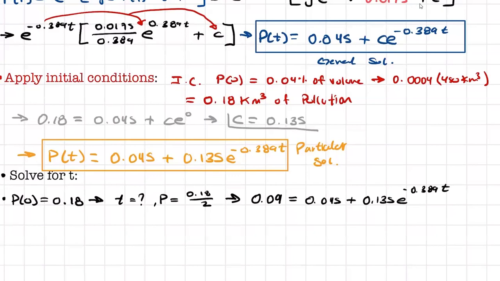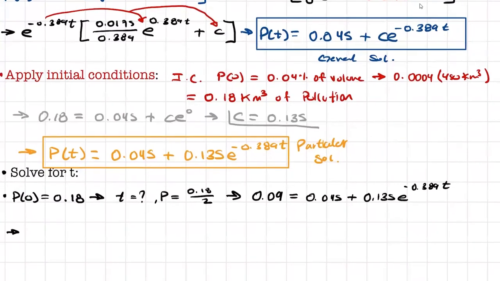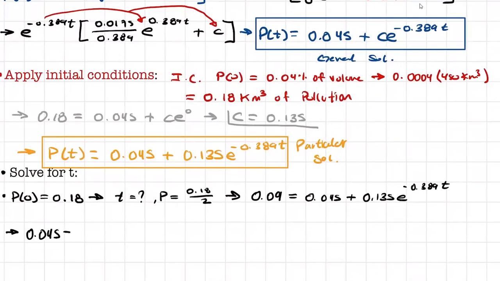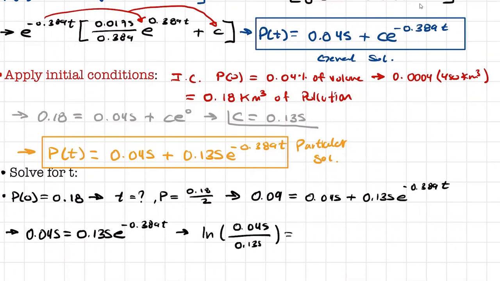So then we need to rearrange. We know that 0.09 minus 0.045, we subtract both sides. This will be 0.045 equals 0.135 e to the negative 0.389 t. We divide, and we take the natural log so we can bring that t down. So we have that the natural log of 0.045 over 0.135 will be equal to negative 0.389 t.